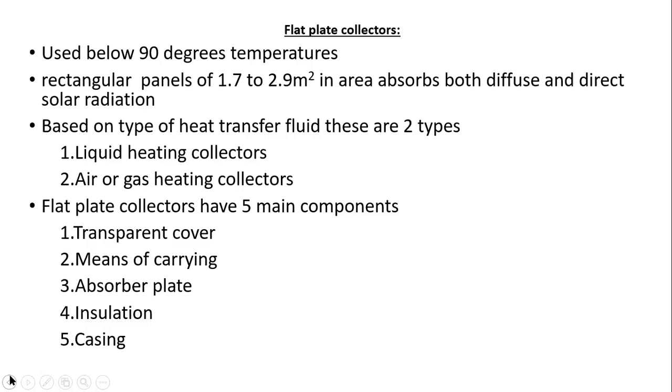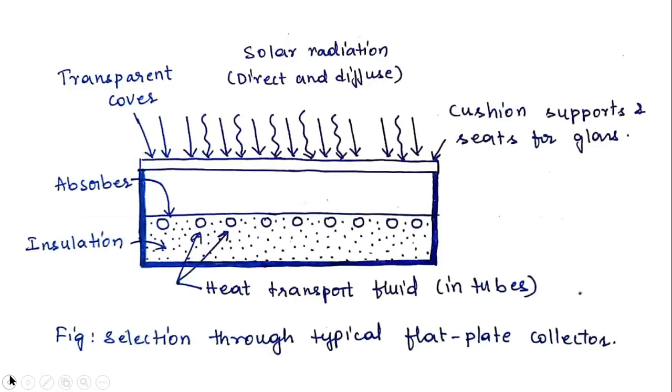This diagram is a typical liquid collector, a section through a typical flat plate collector. Almost all flat plate collector designs are based on this diagram. It is a plate and tube type collector.